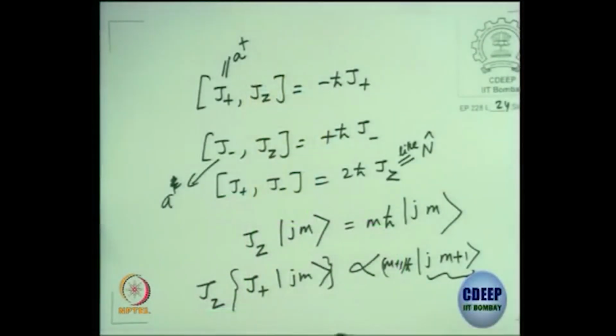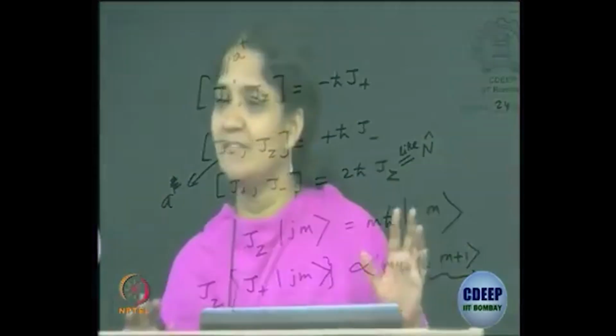But this coefficient of proportionality has to be fixed, and also the issue that m should go from minus j to plus j. Also j could be integers or half odd integers. All these things are not fixed right now. I'm just using hydrogen atom data. But we will now do it explicitly to figure out all this information.